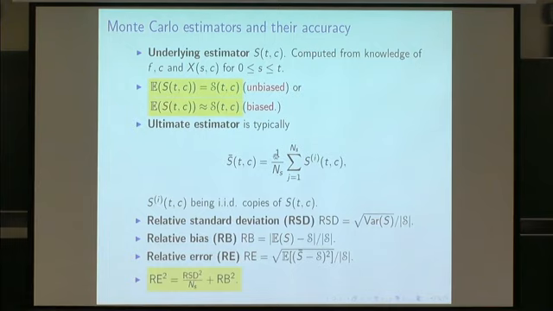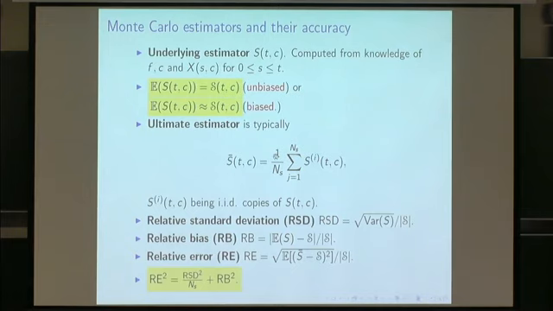Some estimators have expected value equal to the exact sensitivity, so in that case it's an unbiased estimator. Others are close to it, but not exactly equal, so that's a biased estimator. And of course, to estimate the expected value of this, you need to run a large number of samples, which are i.i.d. copies of this, and take the sample average.